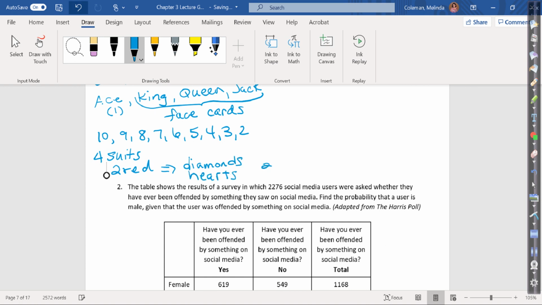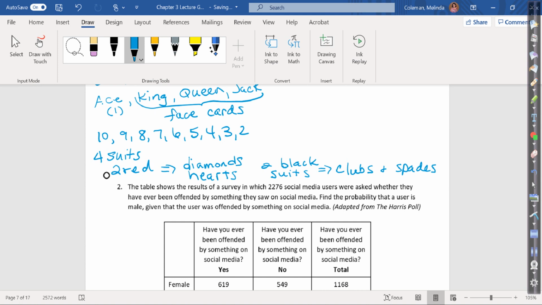There are 2 black suits, which are clubs and spades. So it's very important that you know what's in your sample space.